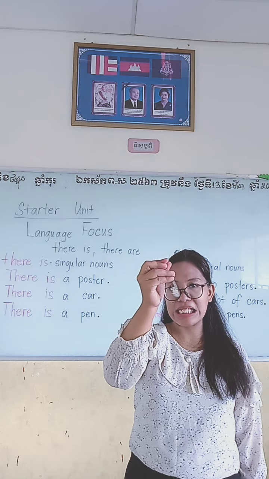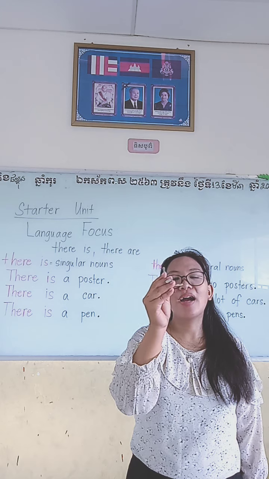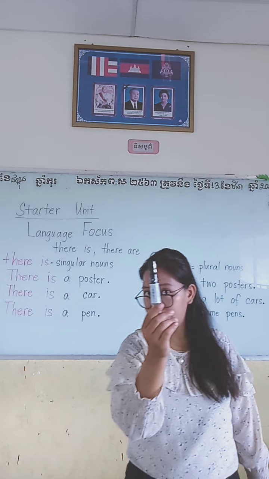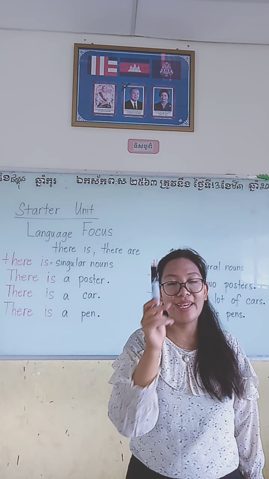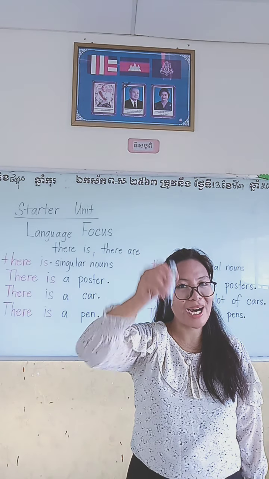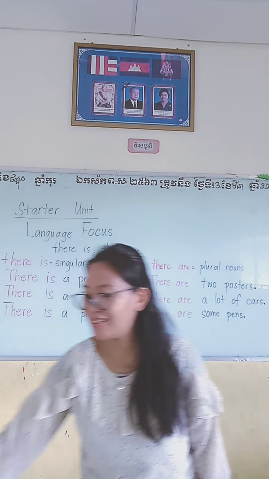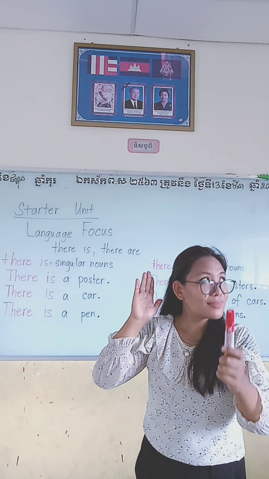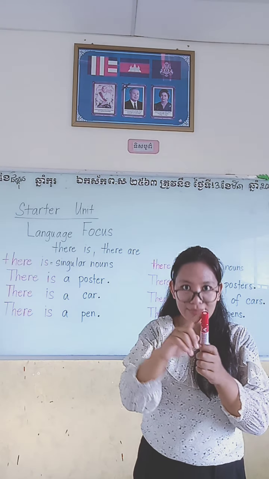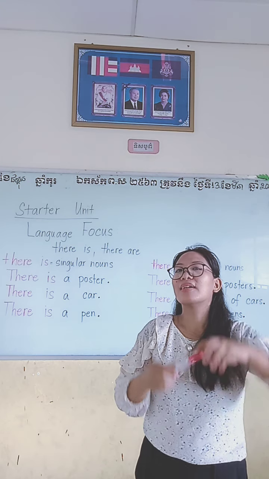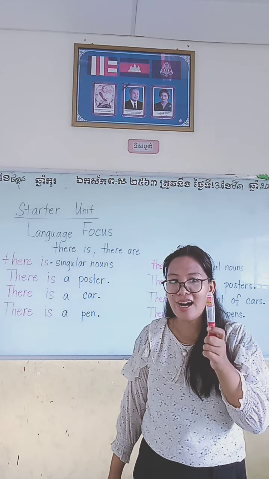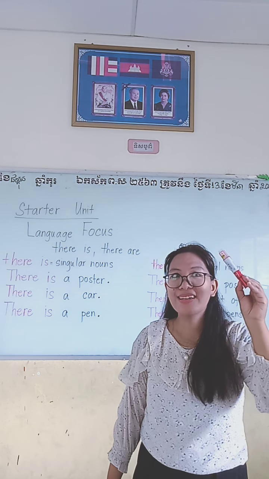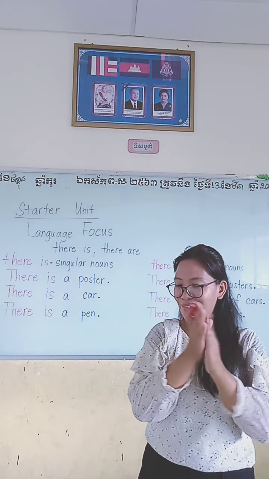Since there are 2 keys, there are keys. There is a marker, a black marker. Very good. Now, try this one. There is a red marker. Very good, that's great.